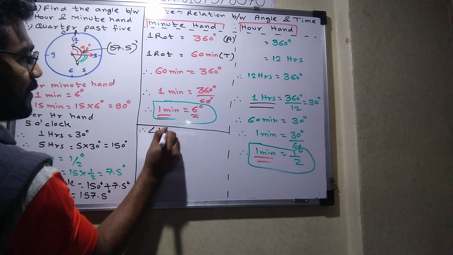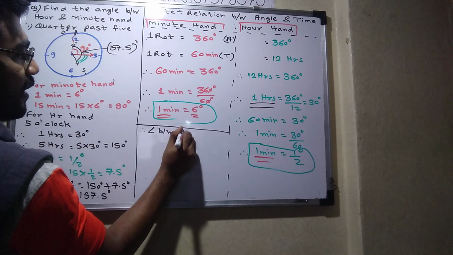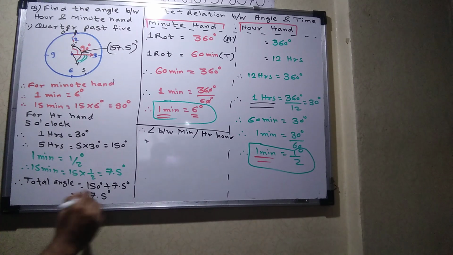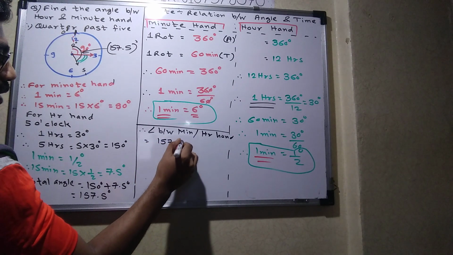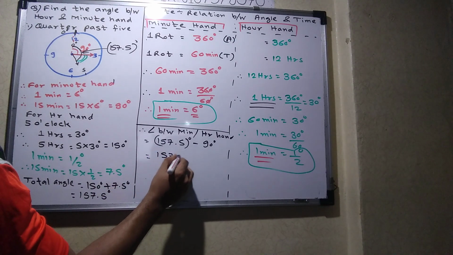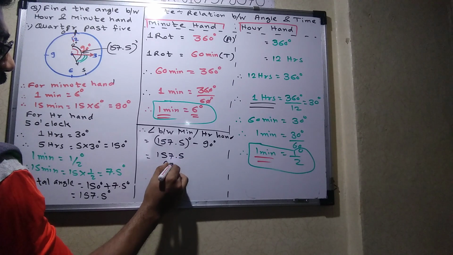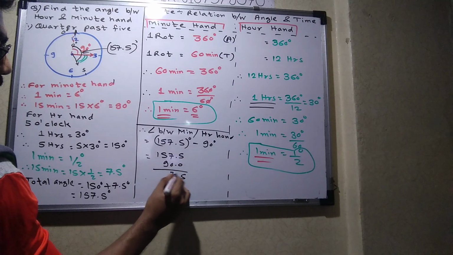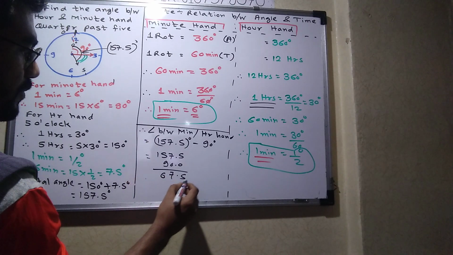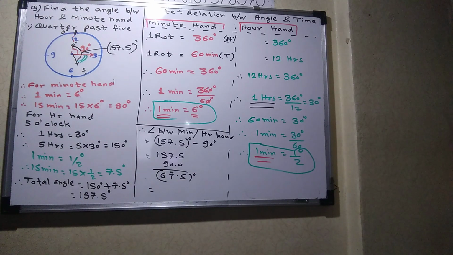So the angle between the minute hand and the hour hand will be 157.5 minus 90 degrees. So what will be the answer? 67.5 degrees. Understood?